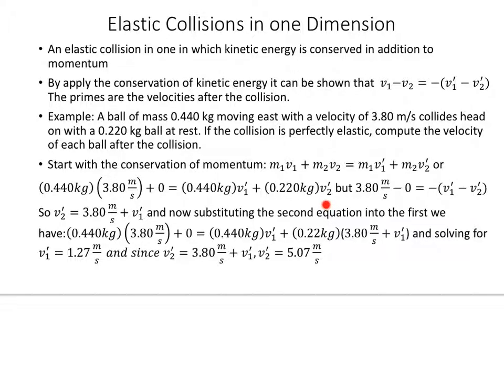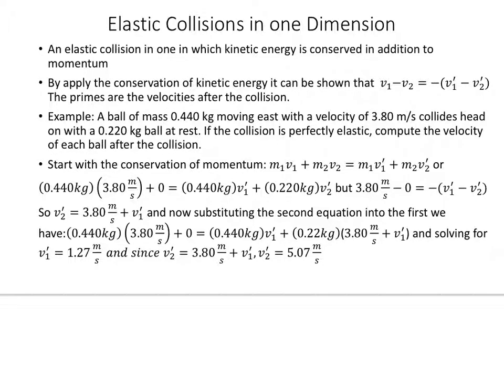We can't solve that. But we can use this equation, which addresses the difference of velocities before and after collision. So v1 had a velocity of 3.8 meters per second, v2 was 0, and that's equal to minus v1 prime minus v2 prime.